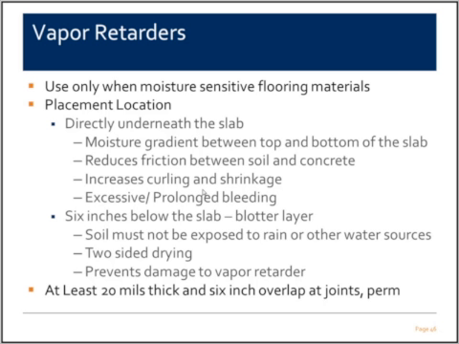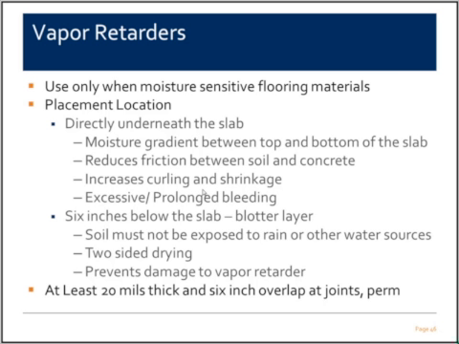So we get a moisture gradient there that actually increases the amount of curling of the slab. We also get a reduction of friction between the soil and the concrete. This will also lead to an increase in curling and shrinkage. And we also get excessive and prolonged bleeding, which can be an issue with finishing of the slab.